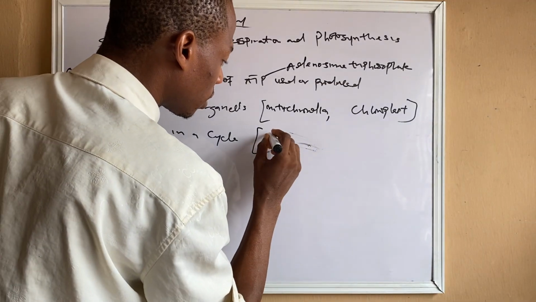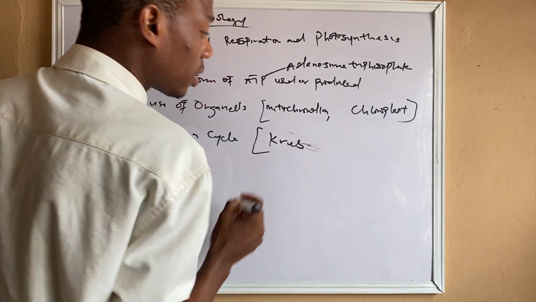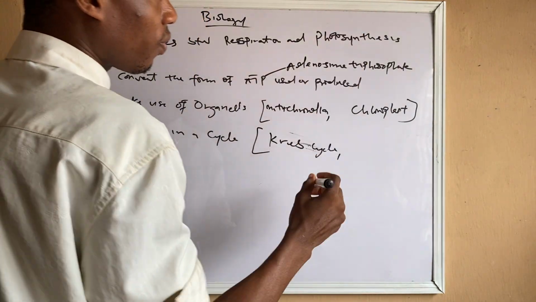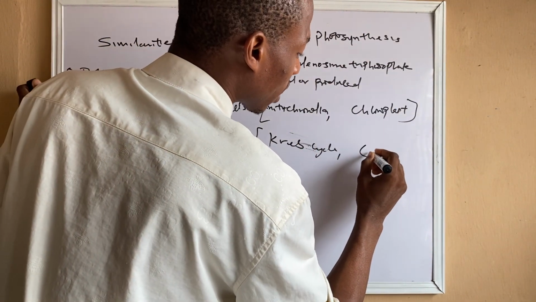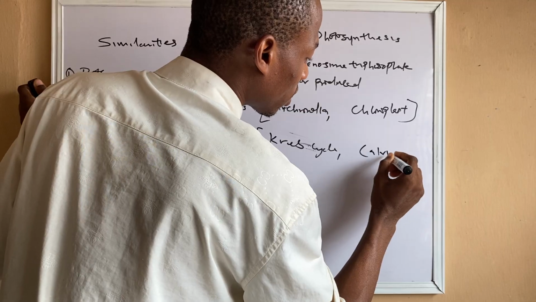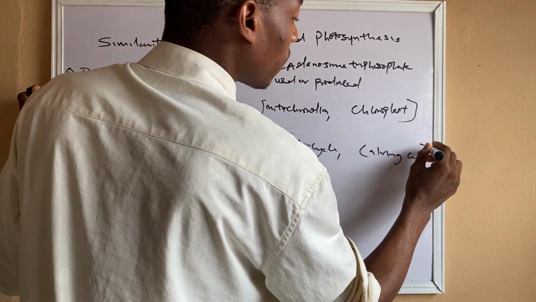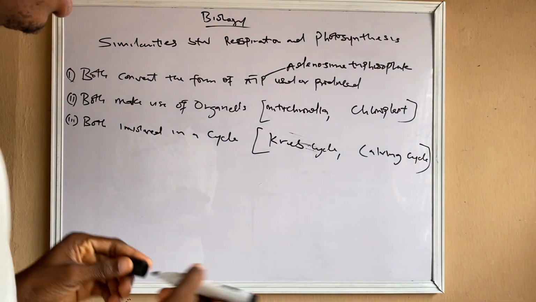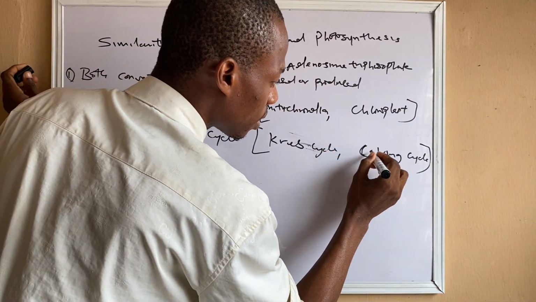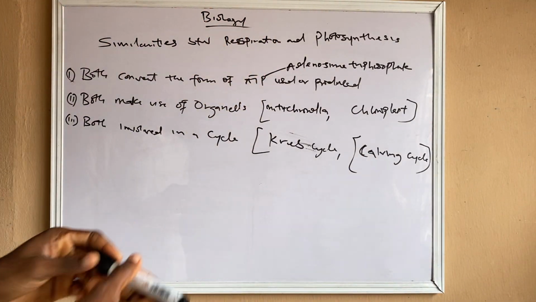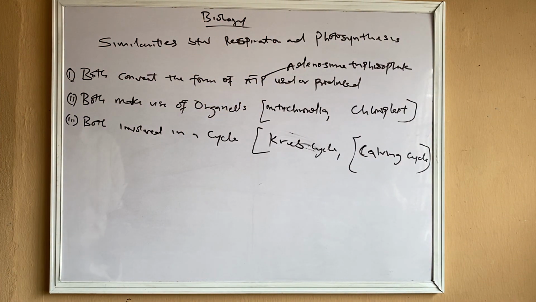Let me write it very well: Krebs cycle. While photosynthesis is called what? Calvin cycle. Yes, they are both involved in a cycle, both the Krebs cycle and the Calvin cycle. And that's their similarity.